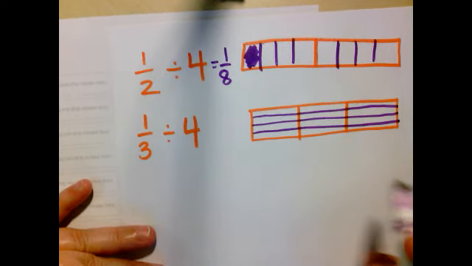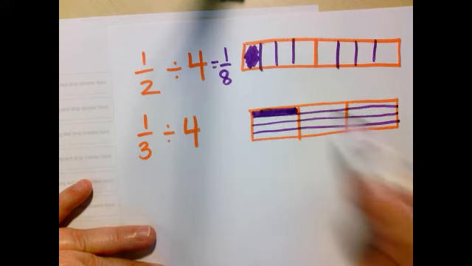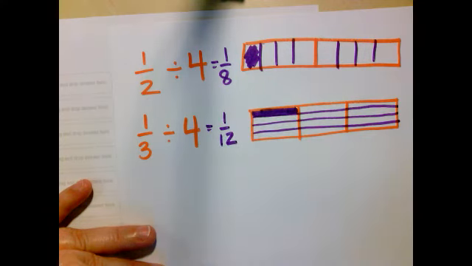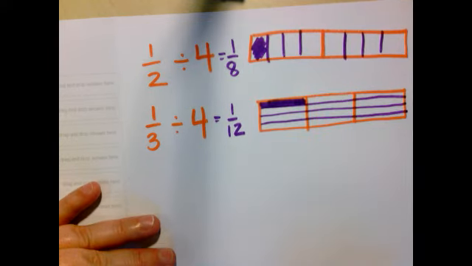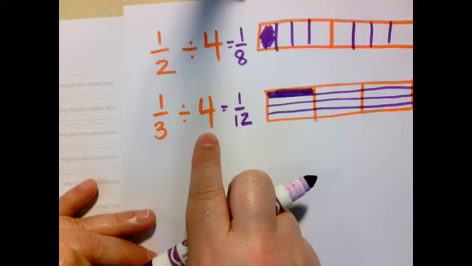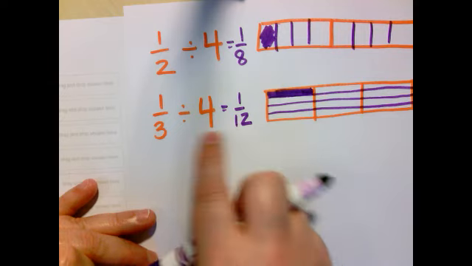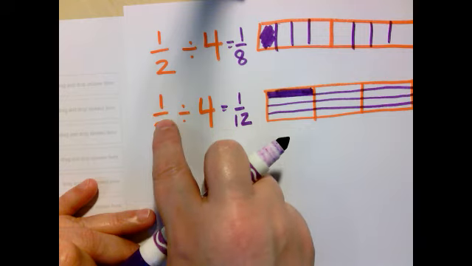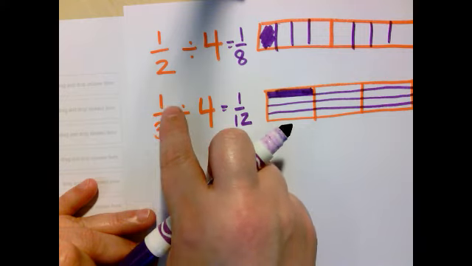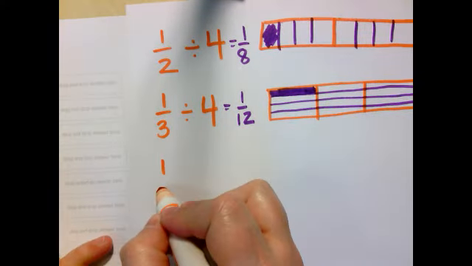Then what does one little piece represent? 1/12. So hopefully you can see the pattern here. When you divide a fraction by a whole number, your quotient is going to be a fraction. Unless this is an improper fraction and your numerator is bigger than your denominator, then you could get some other kind of crazy situations.